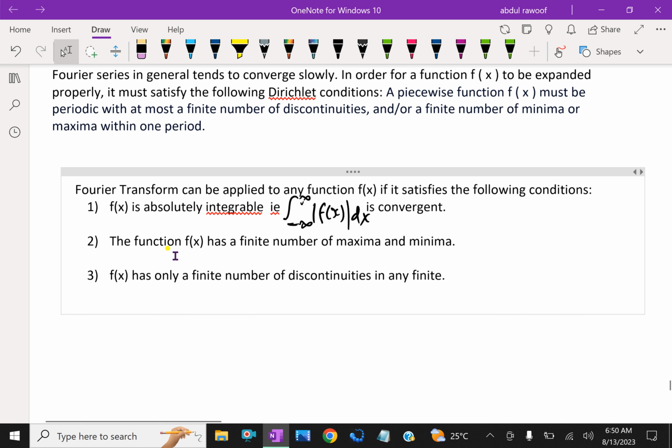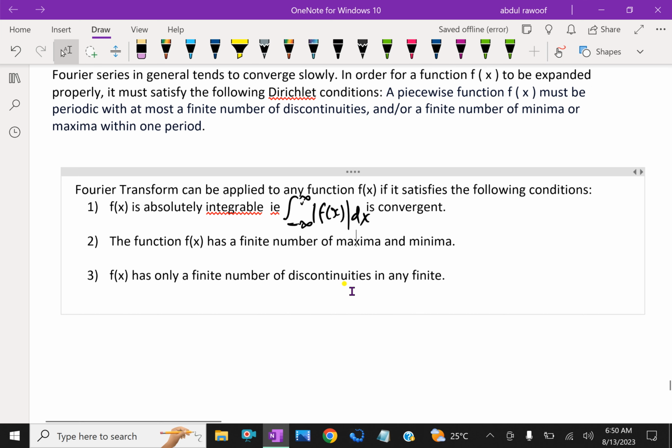The second condition, the function f of x has a finite number of maxima and minima. Third condition, f of x has only a finite number of discontinuities in any finite interval.